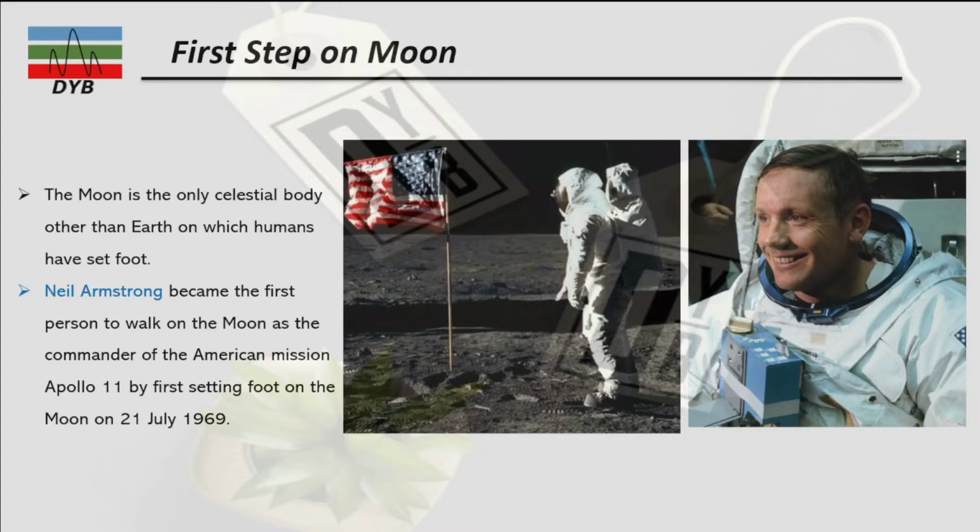The man's name is Neil Armstrong, the first person to walk on the surface of the moon. He was the commander of the American mission Apollo 11, and he stepped on the moon on 21st July 1969.